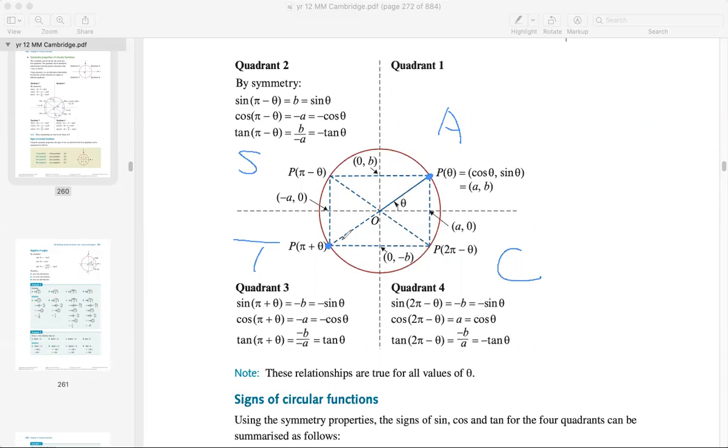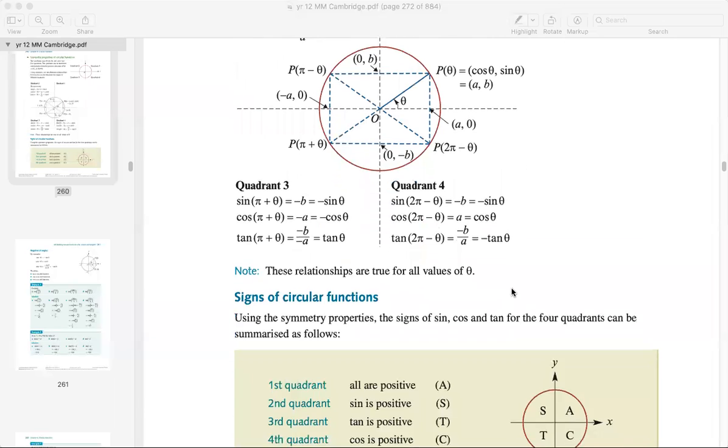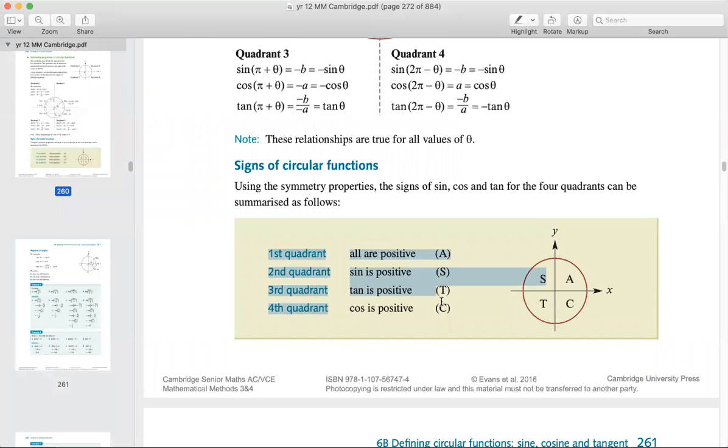So for this one, you can write ASTC to help you remember, or add sugar to coffee, or all station to Campbell, or coffee, or whatever. Or all science teachers crazy. So just to help you remember this. Okay, so the sign of the circular functions, ASTC over here.